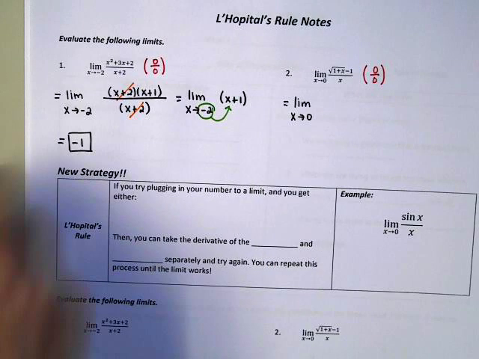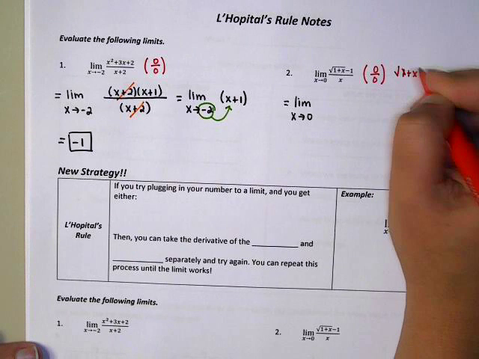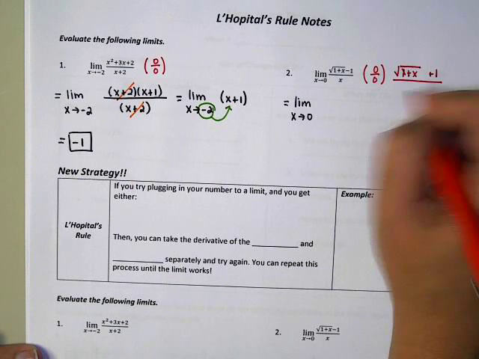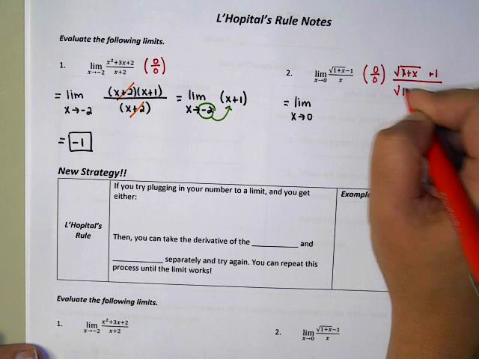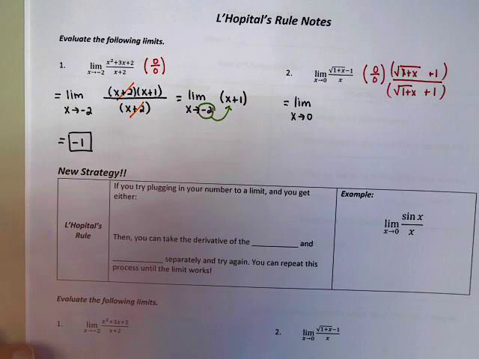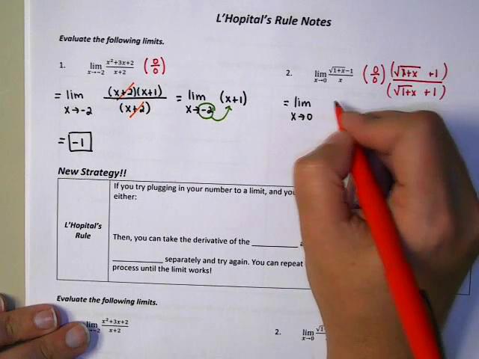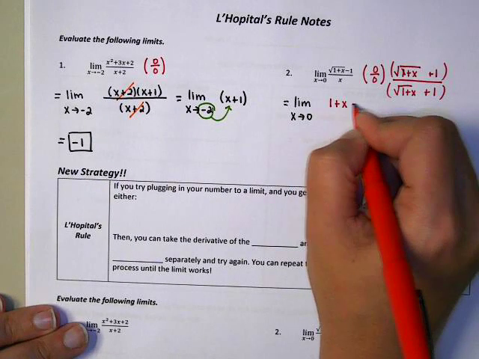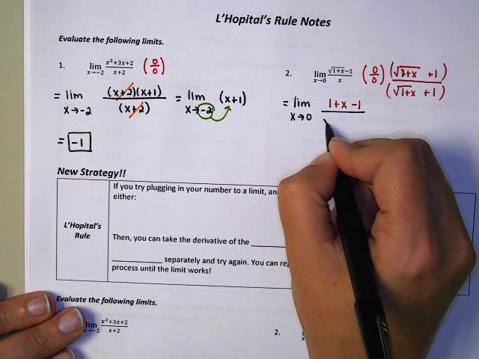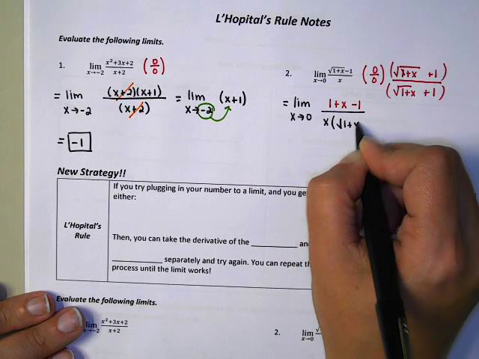As a reminder, the conjugate would be the square root of 1 plus x plus 1 over the square root of 1 plus x plus 1. When you multiply on the top and the bottom by that conjugate, on the top, because they are conjugates, we just get 1 plus x minus 1 over, and on the bottom I would have x times square root of 1 plus x plus 1.